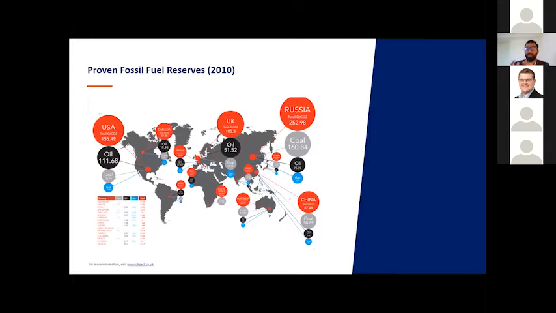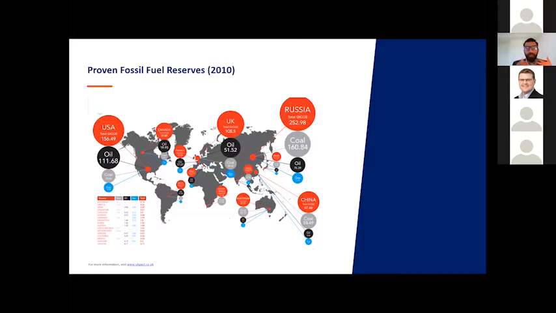Now, fossil fuels are extremely important in the conversation around climate change. Why? Because if we look at our fossil fuel reserves, and this map on the slide is showing you all the different countries and their fossil fuel reserves, which include oil, natural gas, coal.